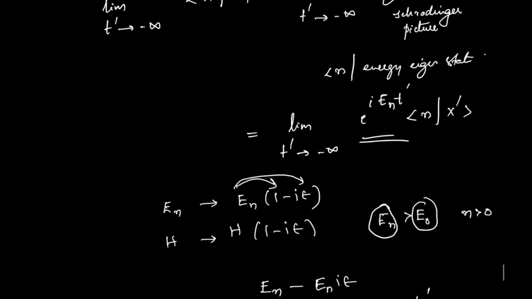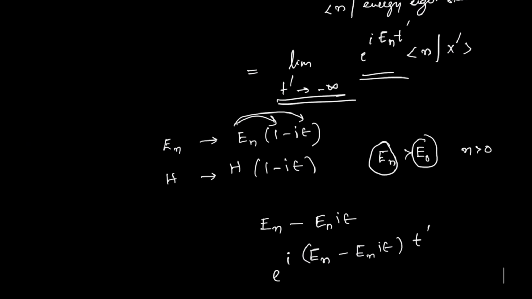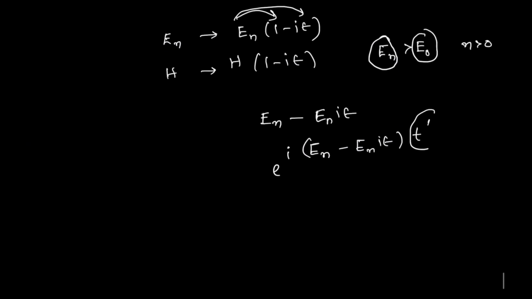And here the limit t prime goes to minus infinity. So when t prime goes to minus infinity, you have to be very careful here. E n minus E n i epsilon, right? Here always E n is greater than E naught and t prime is going to minus infinity, which means that this entire thing will go to e to the power minus infinity.